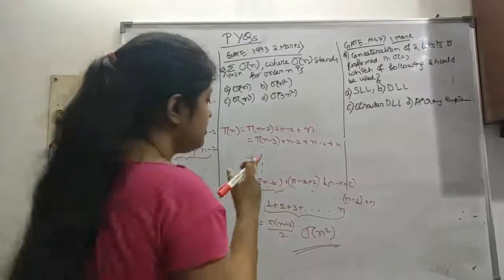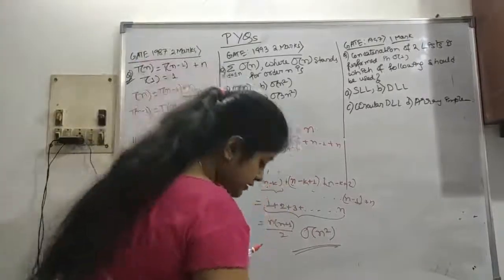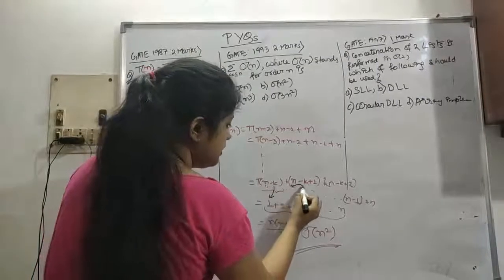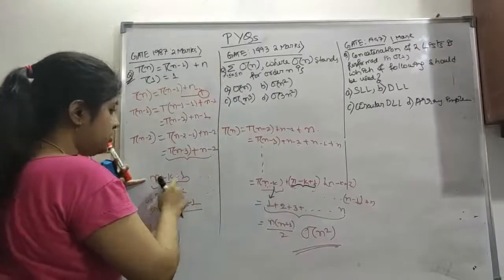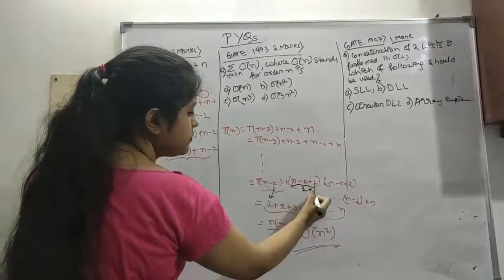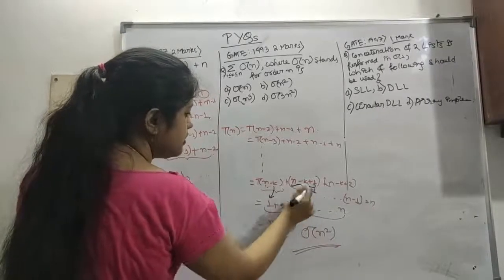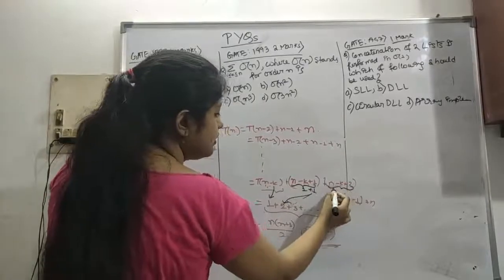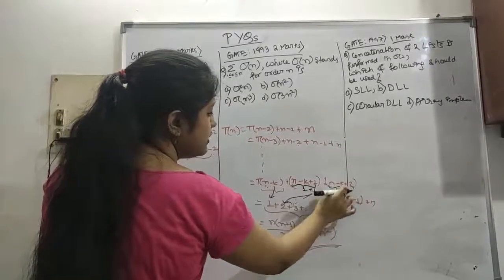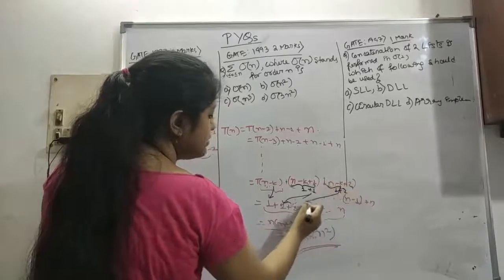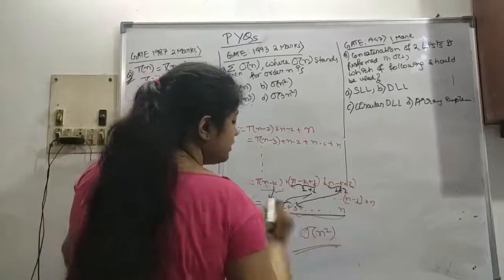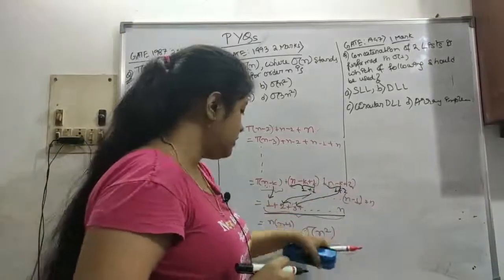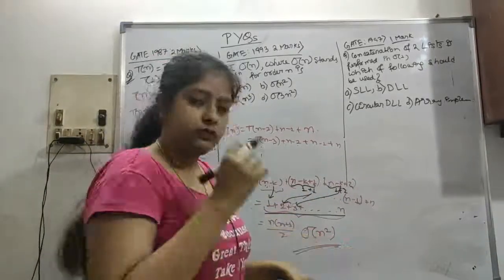Sorry, I just missed it: this is 1, and n-k we already know is 1, so 1 plus 1 is 2, then 3, and like this we get the summation of 1 to n. Now n(n+1)/2 is order of n squared.